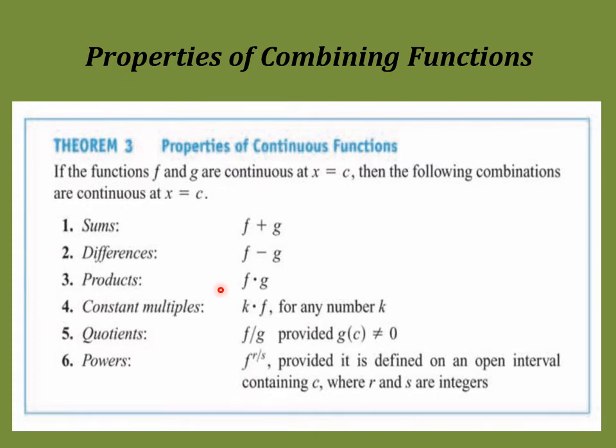Even their product is continuous, and the multiple of f or g by a constant will give us a continuous function. And if we divide a continuous function by a continuous function, it will be continuous except when the denominator is 0.